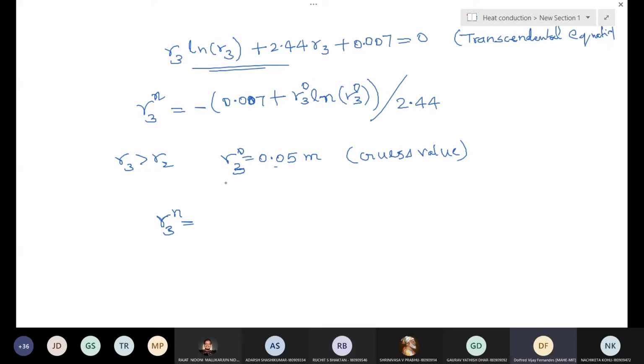The correct value should be 79.365 millimeter. 79.8 mm, sir. Okay, 79 point some. If you do it further, it will increase to that value. Okay, but I stopped at this one. Okay, check it.